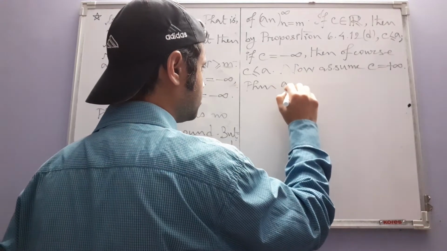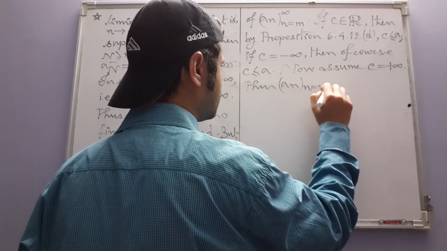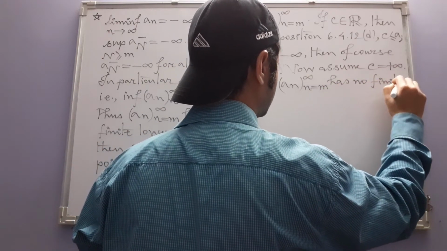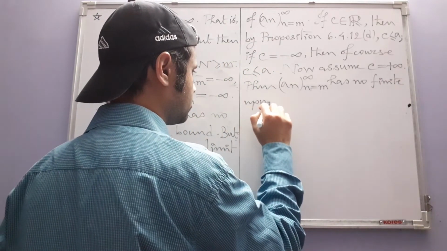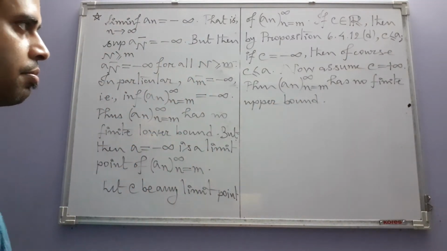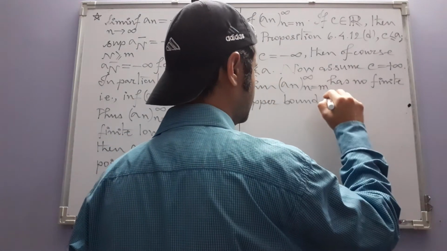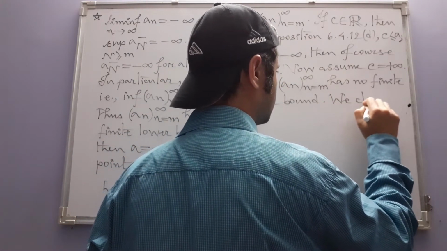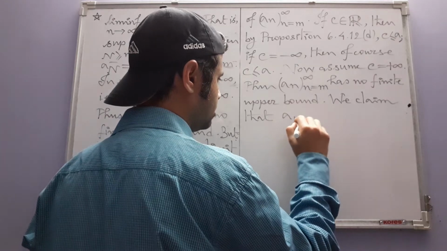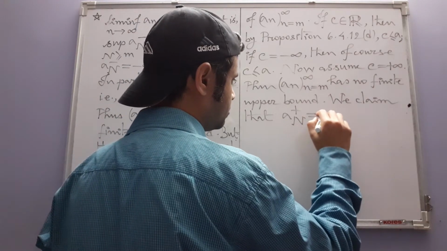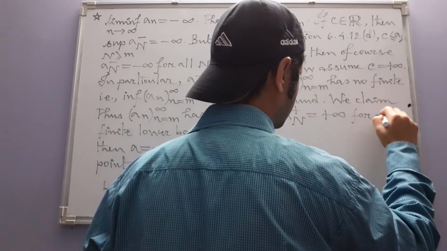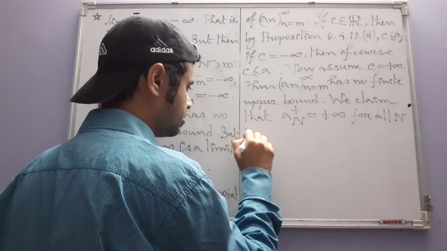Then the sequence has no finite upper bound, and in this case we claim that all these suprema are going to be plus infinity for all the possible indices.